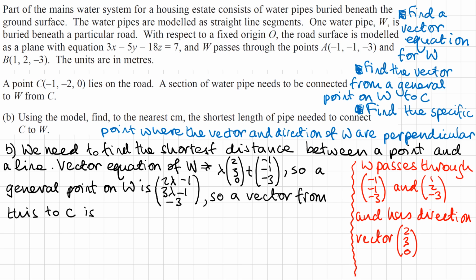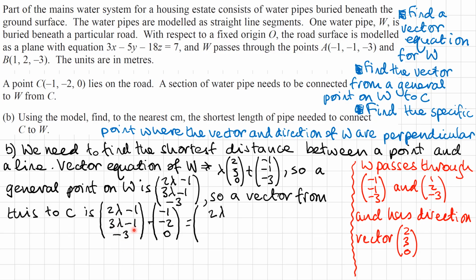So now we're ready to find a vector from this point to C. We can do that by working out the displacement between the 2 points. In other words, I can just do one vector minus the other. This is a general point on W, here's C. So the vector between the two will be 2 lambda minus 1 minus minus 1, which just leaves 2 lambda.